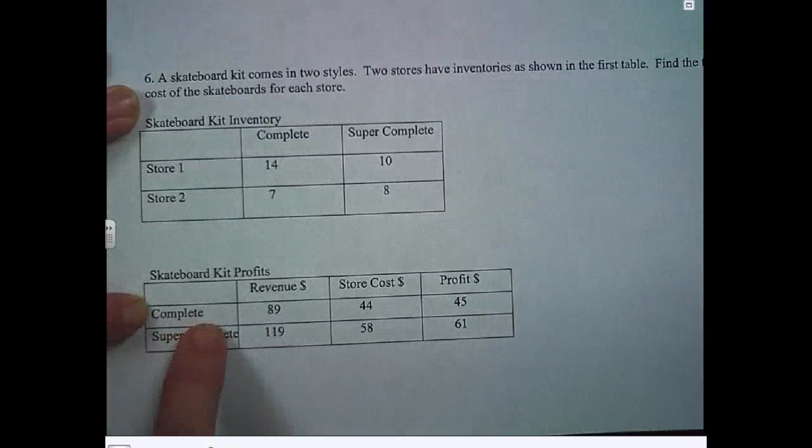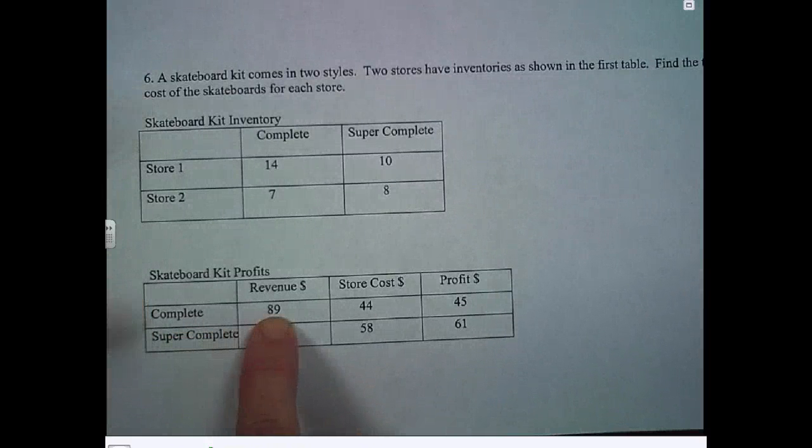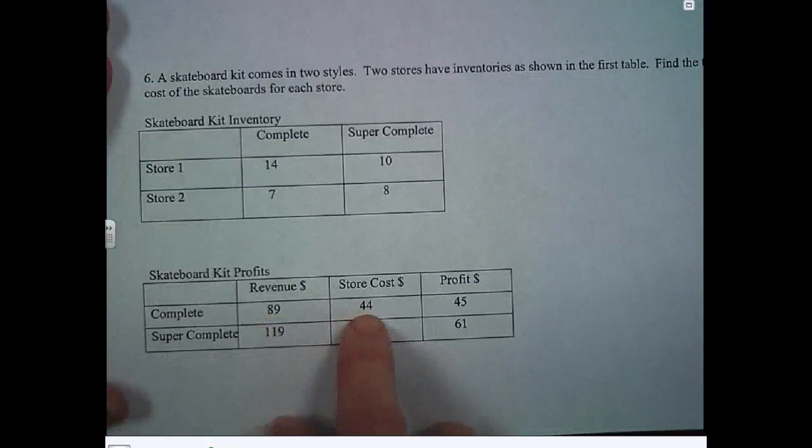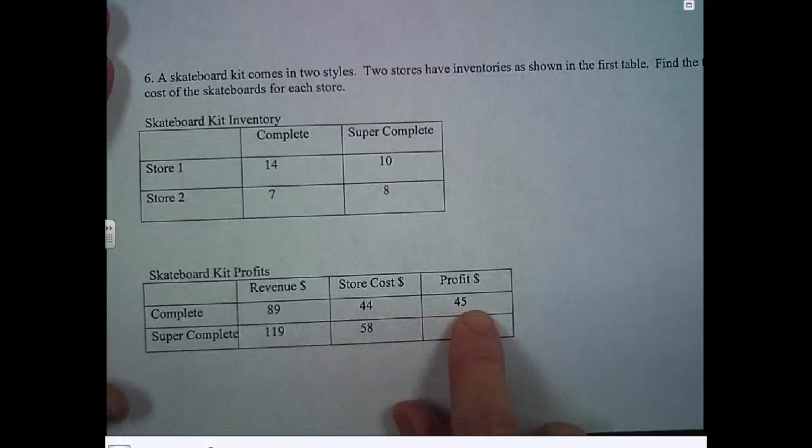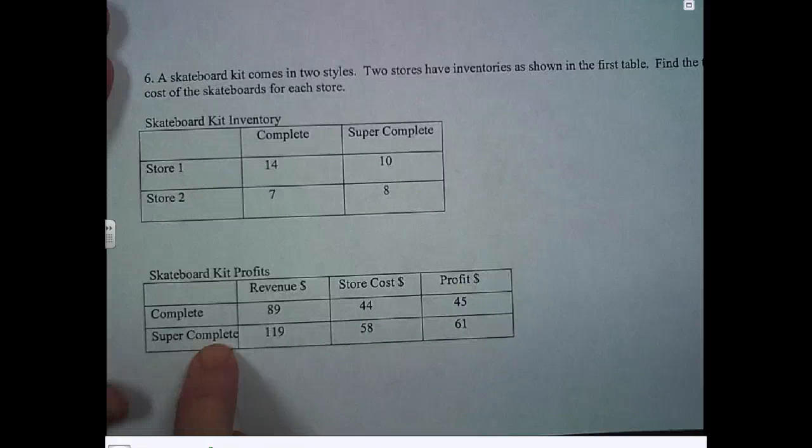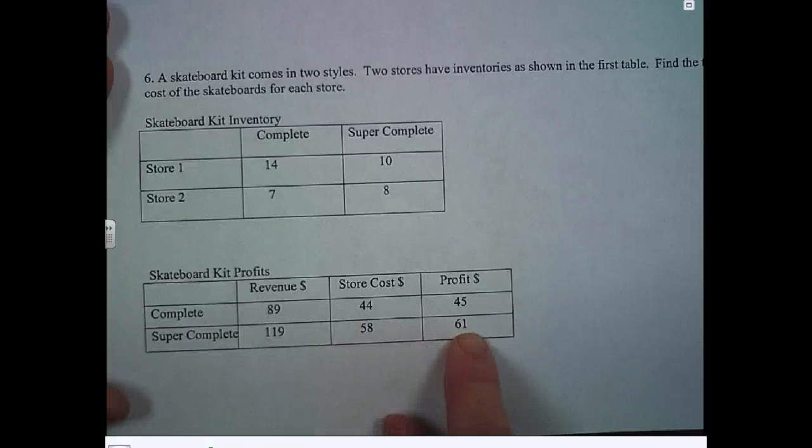A complete set's revenue is $89. That's how much they charge for it. It costs the store $44, and their profit is $45. Versus the super complete set they sell for $119, it costs the store $58 and they make $61. So they actually make more money on the super complete set.